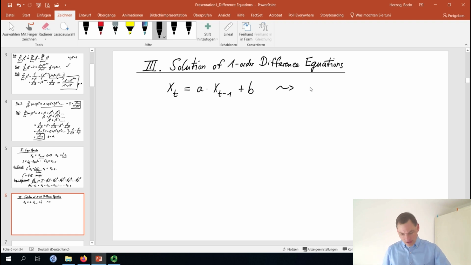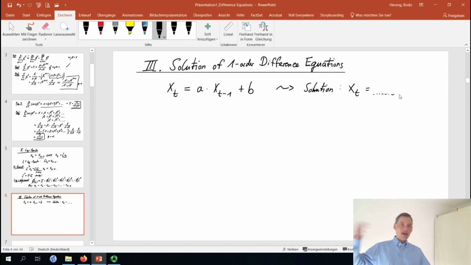The solution to a difference equation will be a function x of t that explains how x of t is evolving, moving over time. It's a function. So the question is, how can we solve it?